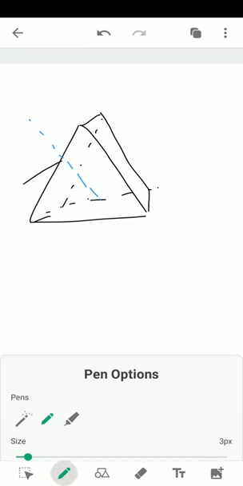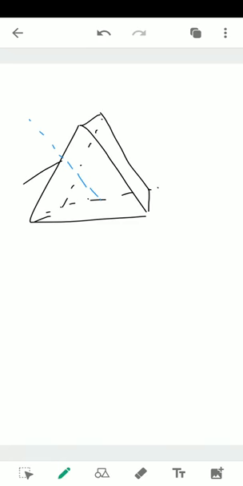So the new ray will become something like this. Again, let this be the new normal. This ray is traveling from a denser medium to the rarer medium, so it will try to bend away from the normal. It will become something like this.